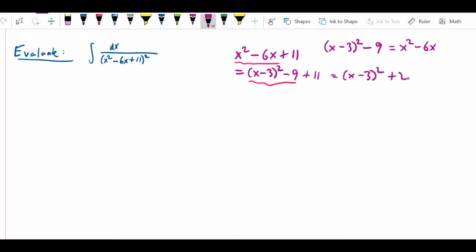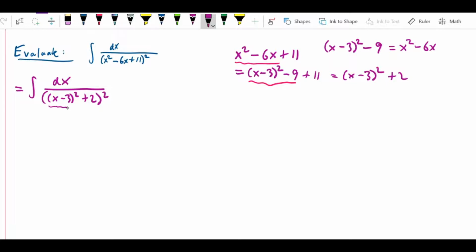So the point is that I now have an integral that looks like this. This is equal to x minus 3 squared plus 2, and since this was squared in the original, I have to square that. So now what I have is the thing that gets substituted, the thing that's going to be treated as the squared term. We've done these where the thing that's getting squared is x, but instead what I have is x minus 3 gets squared.